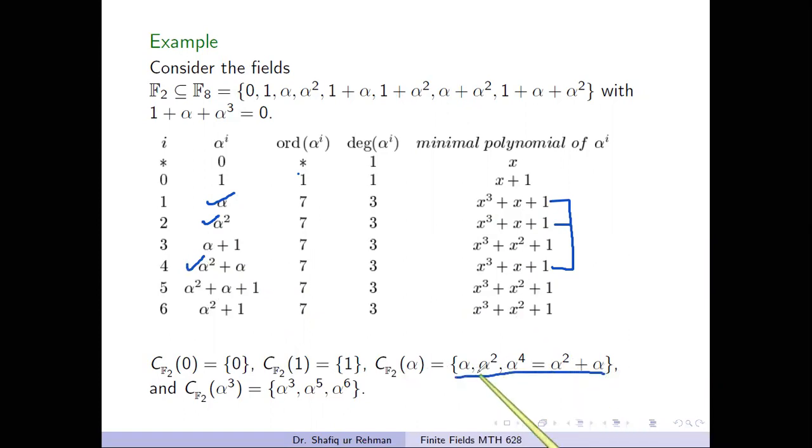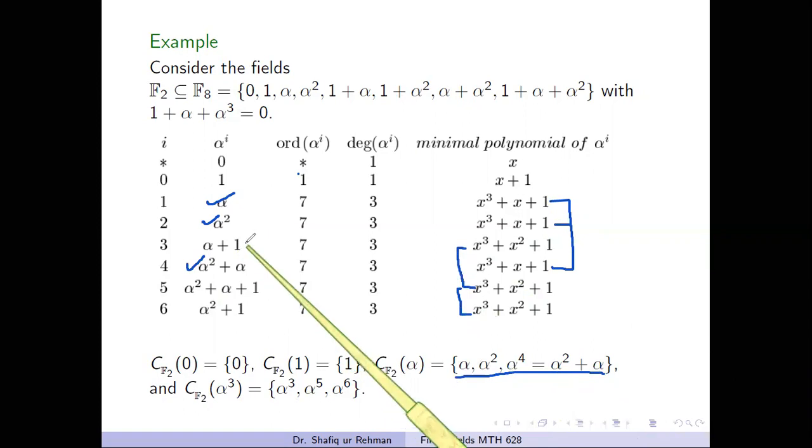What are the conjugates? From the table, conjugates are distinguished by their minimal polynomial. The elements are classified on the basis of their minimal polynomial. These three elements have a unique minimal polynomial, and so they are separated on the basis of their minimal polynomial. They are conjugates. Similarly, we have other three elements, this, and this.